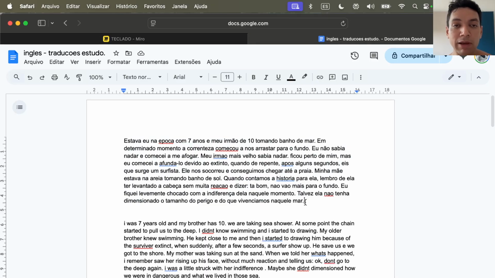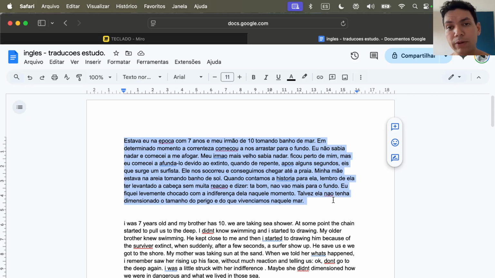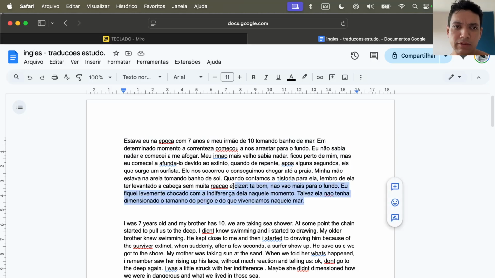So, as you can see in this part of this text, I typed in my mother language, and I started to type a history of my life, or you can also tell any kind of history that you want.